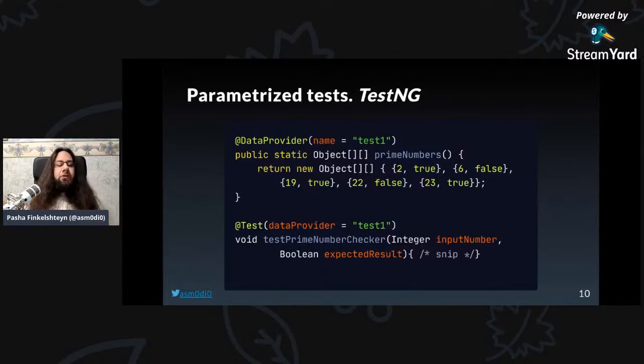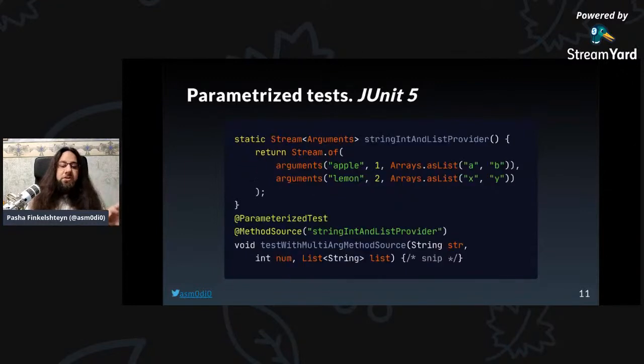These objects are not readable if you don't know the domain. And then these objects are being passed to the method test prime number checker, and they are typed already. And if you have an error in your data, the test will compile, but it will fail at runtime. Maybe very late it will fail, because types won't match.